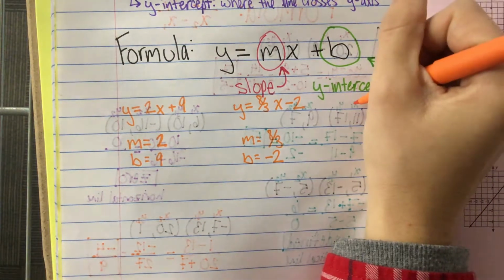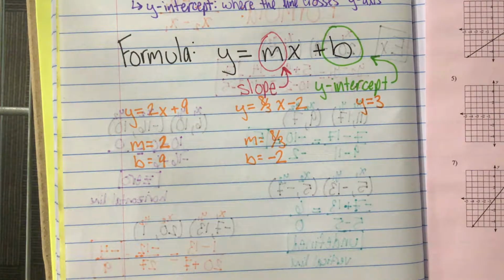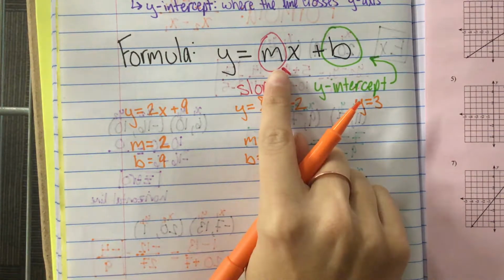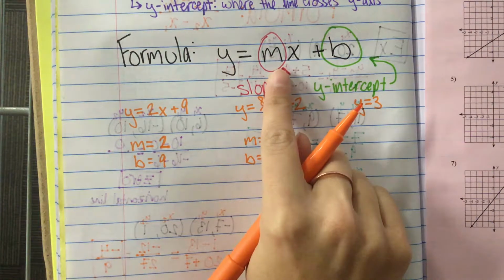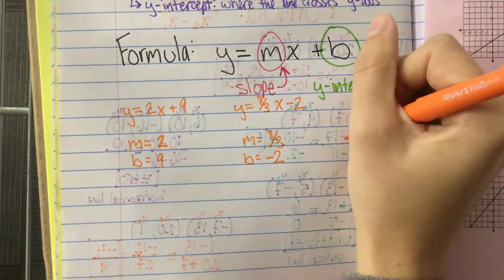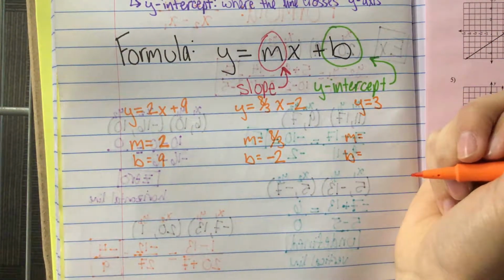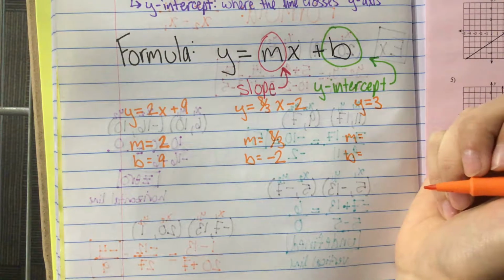What if I have an equation that looks like this? Y equals 3. There's nothing being multiplied by x. So 3 is b. X isn't even there. What can I multiply by x to make x go away? 0 times x is 0, and we wouldn't write 0 plus 3, right?